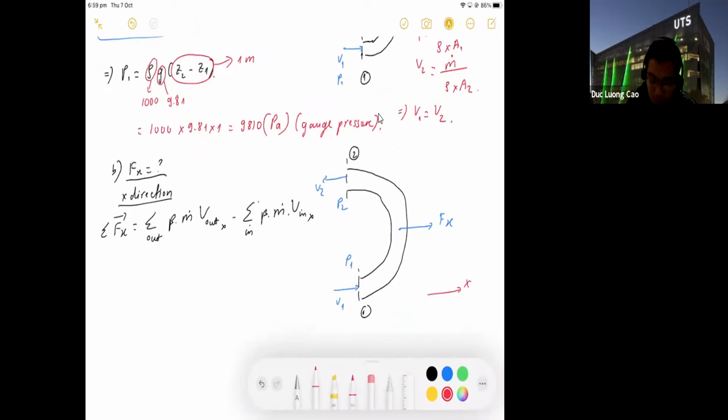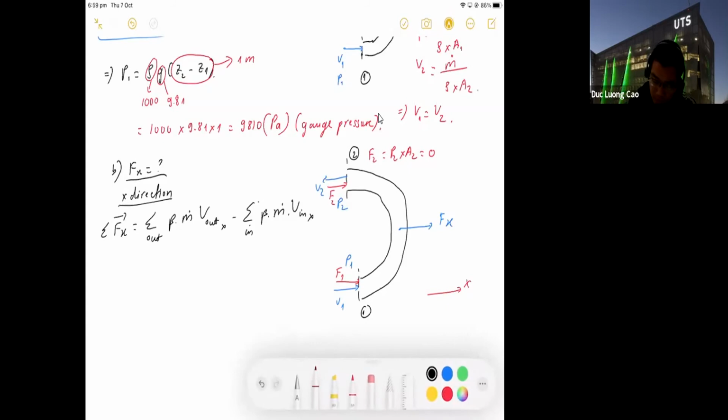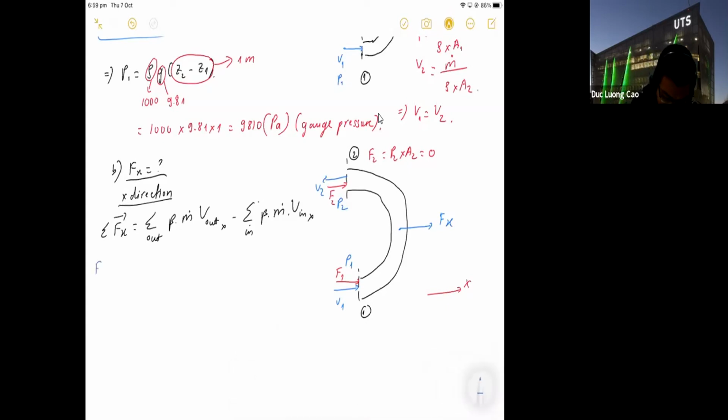We have P1 and P2. So we will have the force F2 and the force F1 from outside to the control volume. But F2 equal to P2 times A2 will be 0 because the pressure P2 is 0 gauge pressure. Okay. So the equation in the left hand side, we will have Fx plus F1.